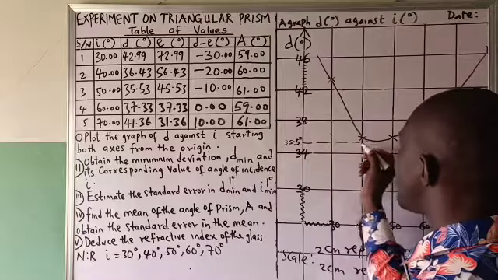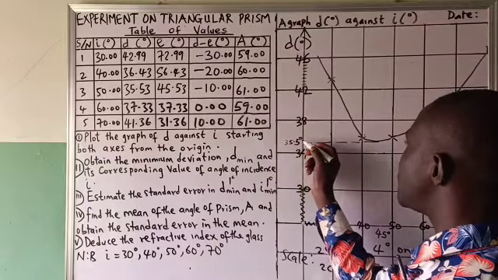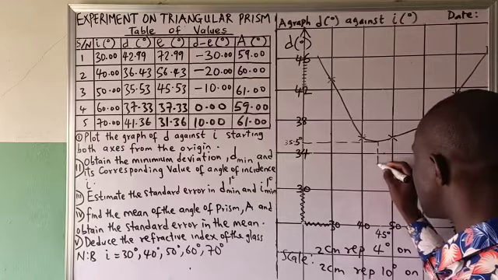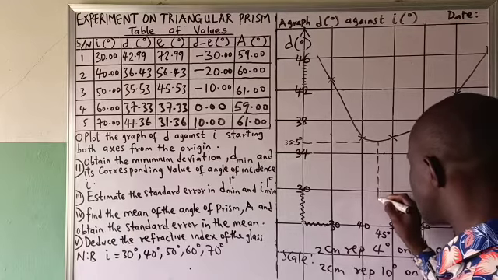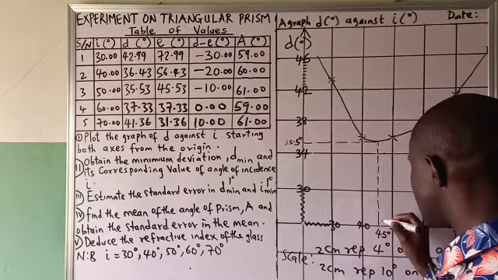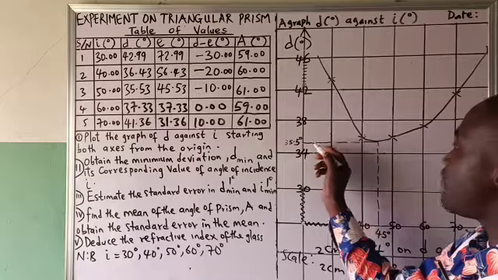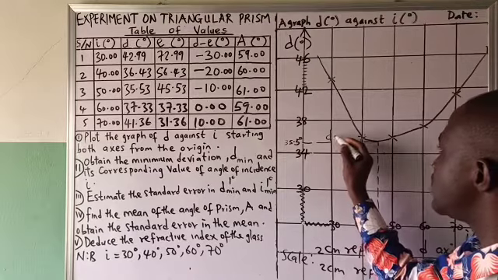Okay, so it falls at 35.5 degrees. Then you trace it from here down to here. So you now see that the lowest value you have here, you call it D minimum.